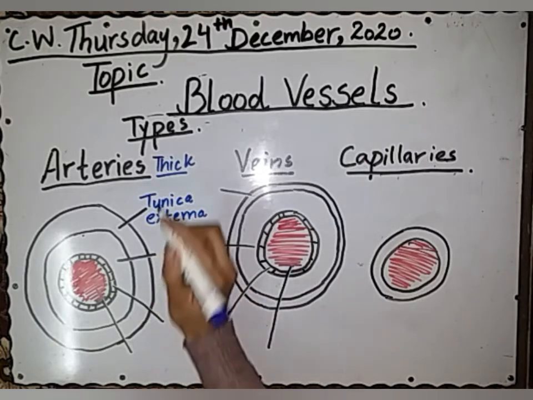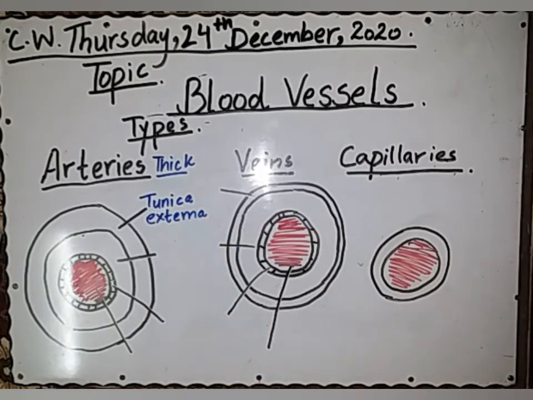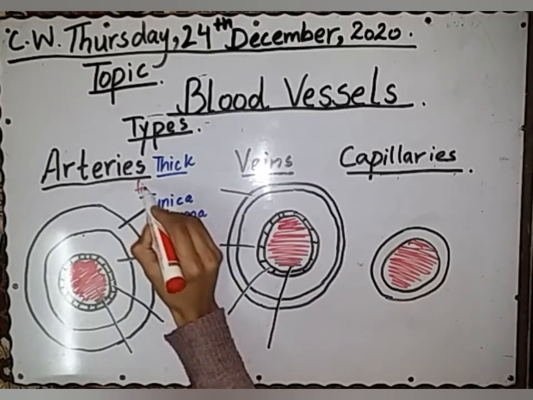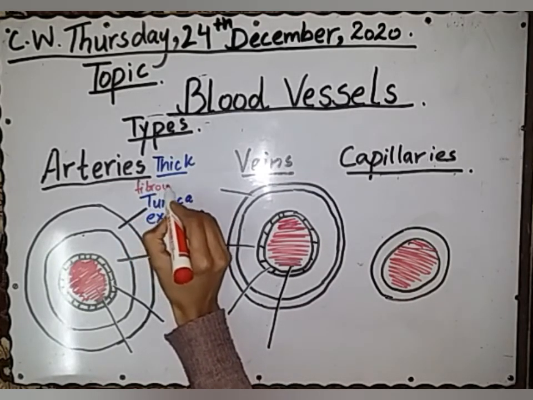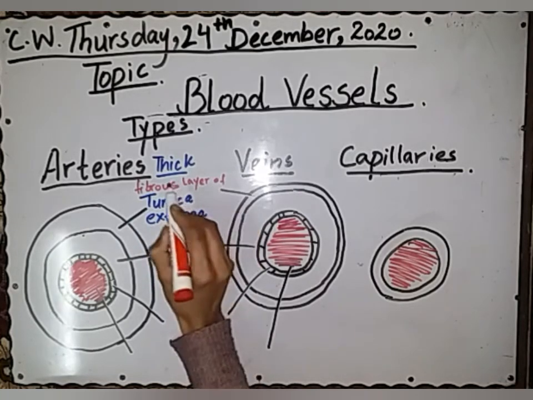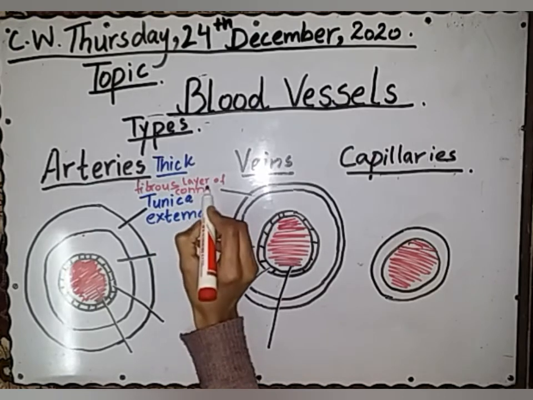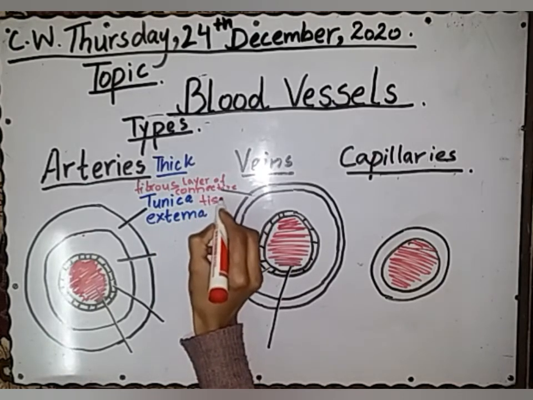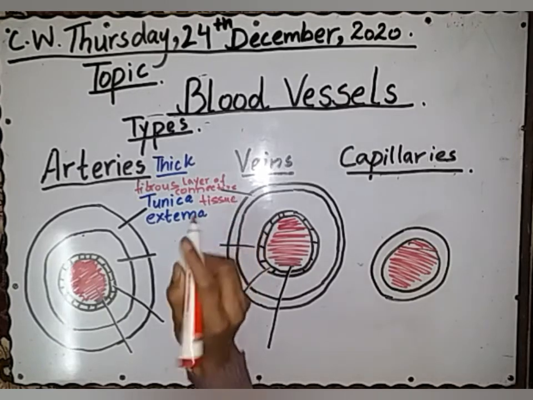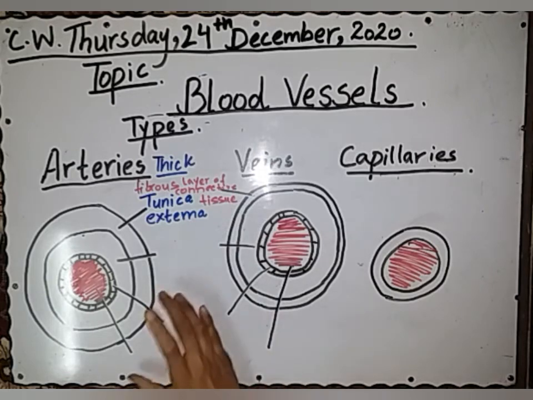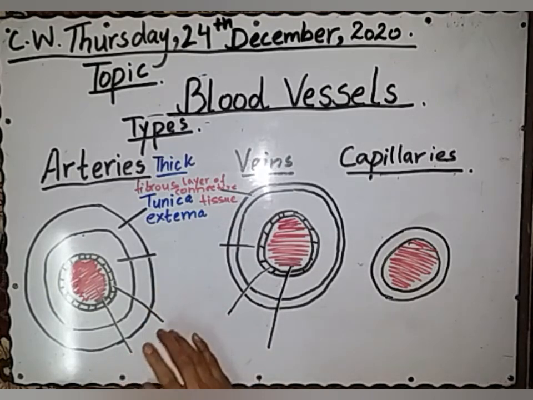Students, this membrane is made up of a fibrous layer of connective tissue, and this layer gives support and strength to the artery to withstand the high pressure.